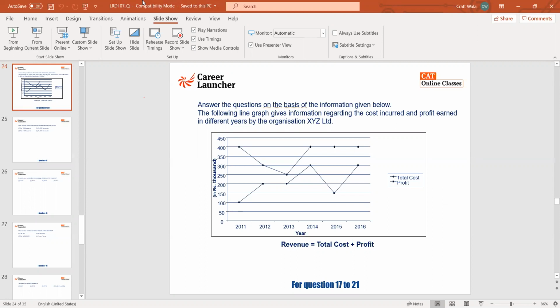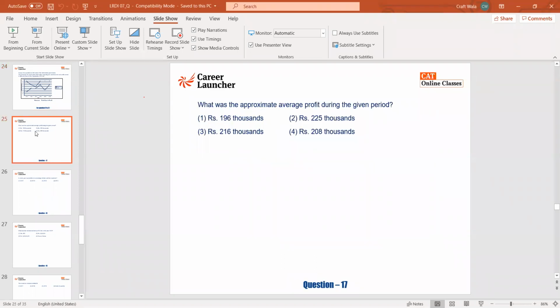Are you guys done with this? Okay, so let's discuss this one. First one, what is the approximate average profit during the given period?